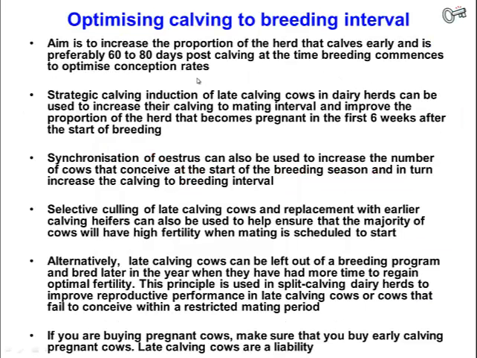How to optimize the calving to breeding interval: the aim is really to increase the proportion of cows within the herd that have been calved 60 to 80 days at the time when breeding commences.